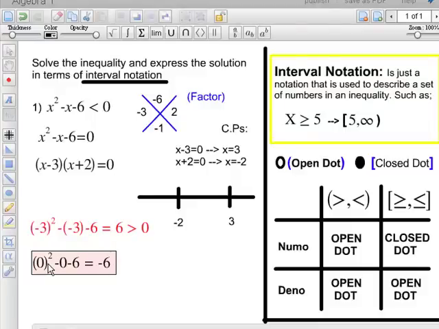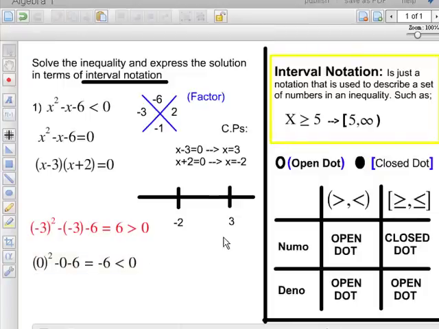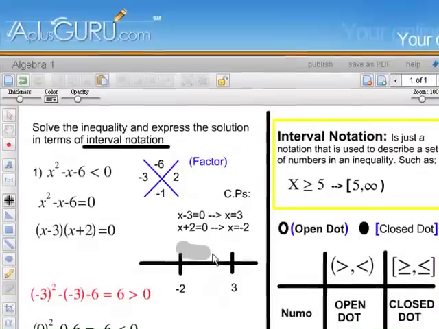This is a true statement because it's less than 0. So it looks like we have found one of our solutions, and I'm going to shade it gray so it does exist here.